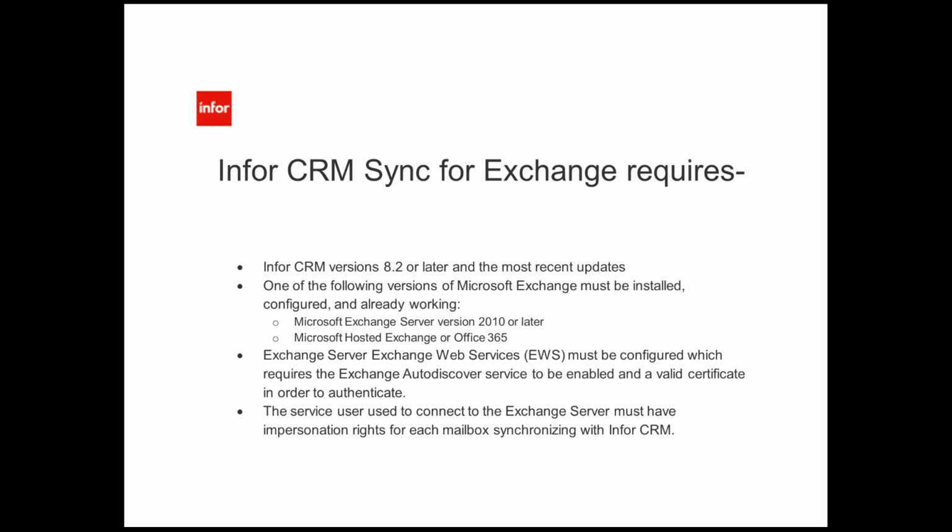Now, here's one thing that's important to note: they have a user called the service user. The service user is used to connect to the Exchange server from CRM, and must have impersonation rights for every mailbox that's going to be syncing with CRM. What that doesn't mean is that every one of your users has to establish a personal connection to Infor CRM and to Exchange.